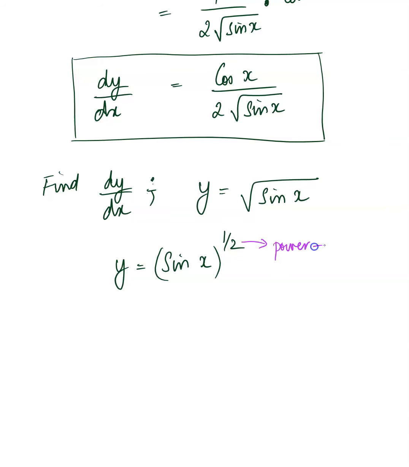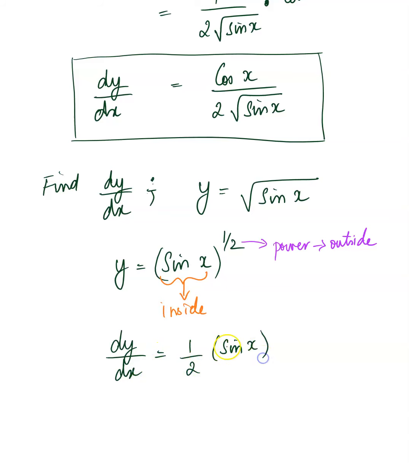The power is outside, and of course what is inside is the sine x. So you have to take the derivative of the outside times the derivative of the inside. So that will be half, leave the inside as it is, half sine x power half minus 1 times derivative of the inside would be cosine x.